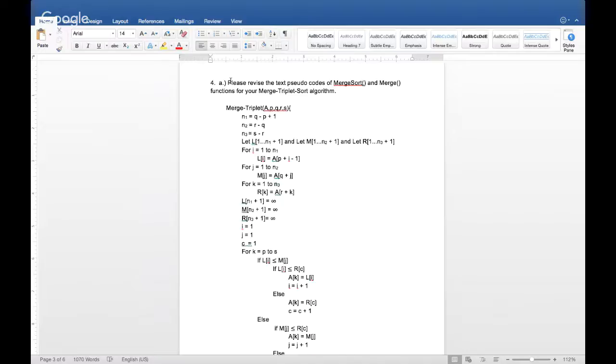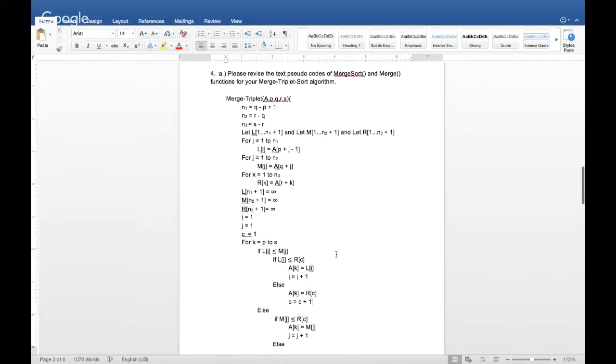Give me just 1 second here. So merge originally, that is this function here. I call it, I hope the name is okay. Merge originally has A, P, Q, and R. Now, I wanted to go into these.